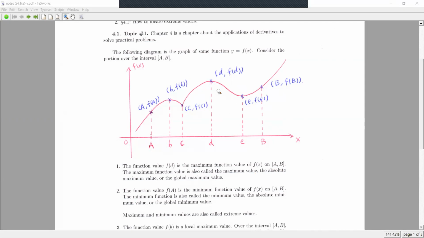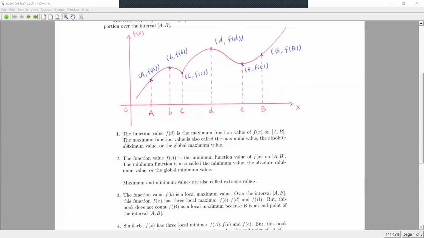If you consider the whole graph, clearly this point is not the highest point. This is the highest point only of this portion.